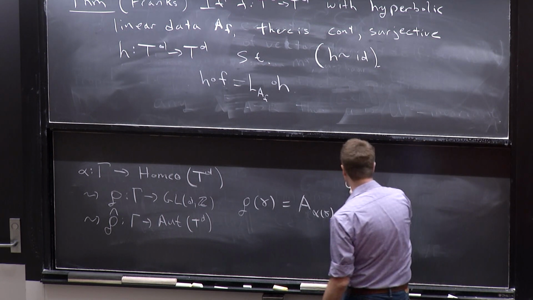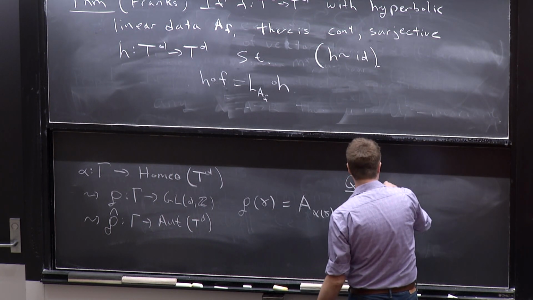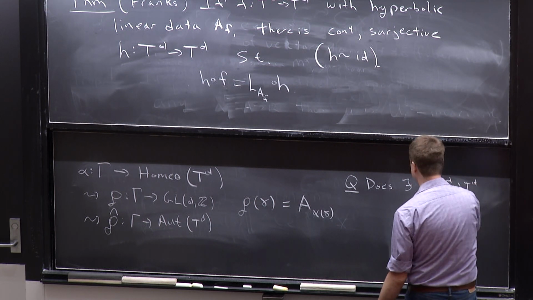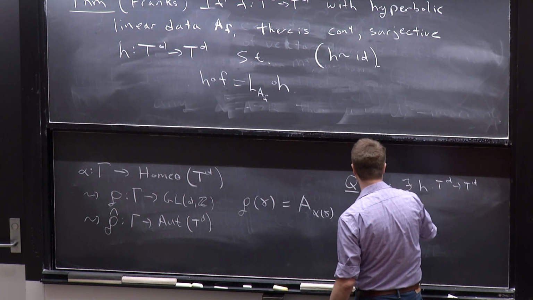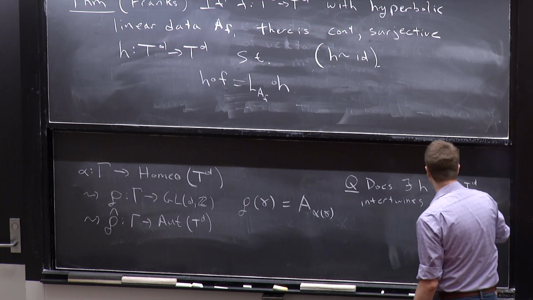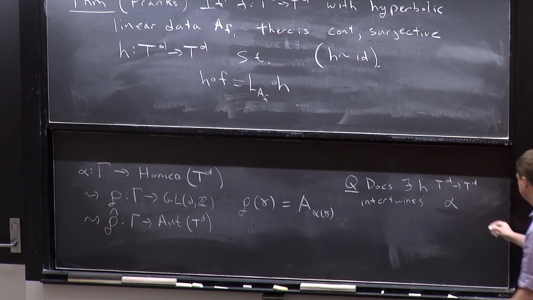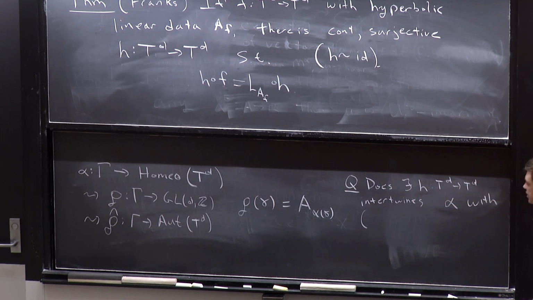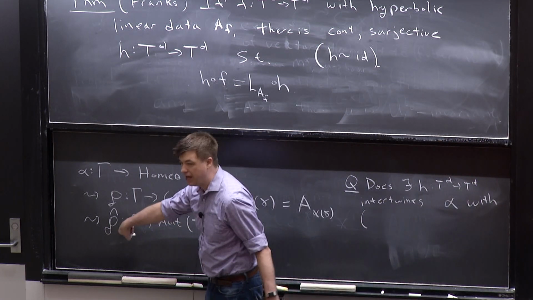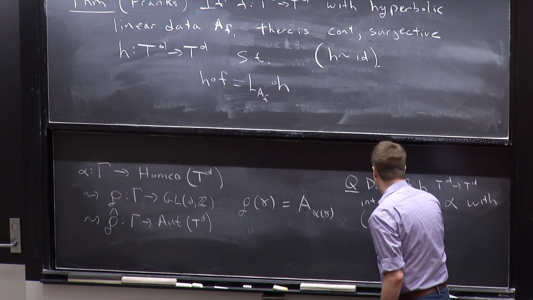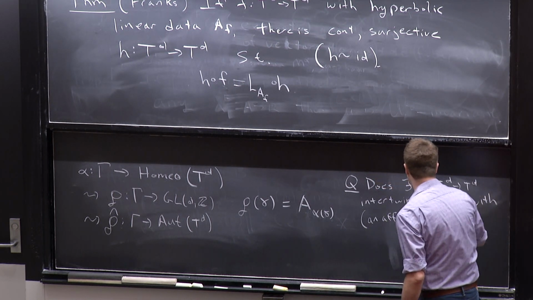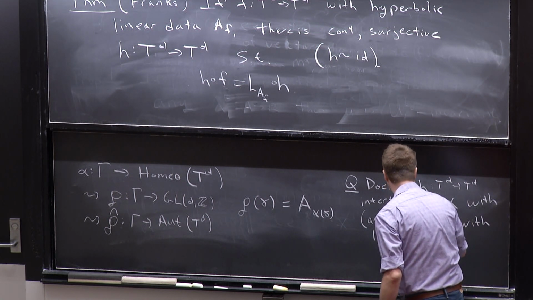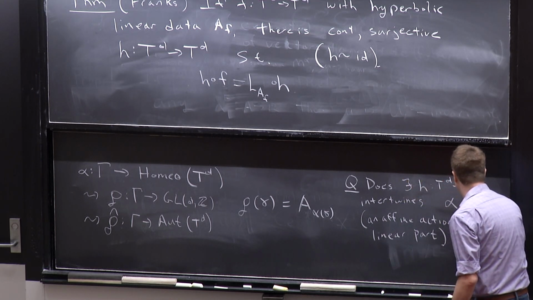And the question is, again, does there exist an H from the torus to itself as above that intertwines the abstract action alpha with, well, the right answer is not quite that it intertwines alpha with rho hat, but that it intertwines alpha with an affine action with linear part rho hat.